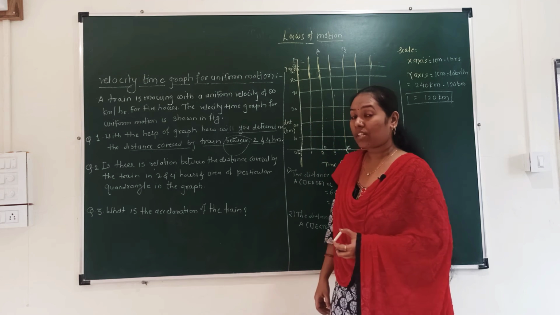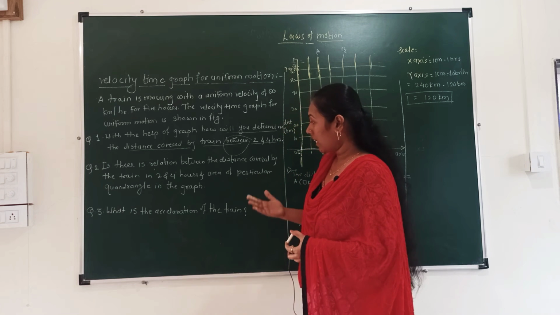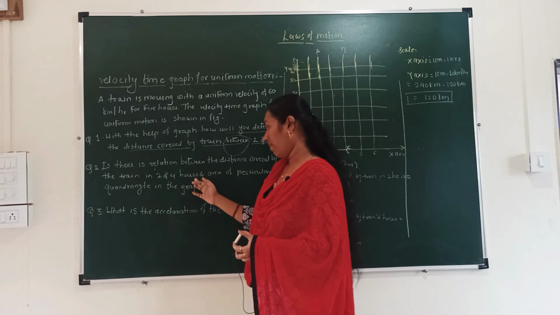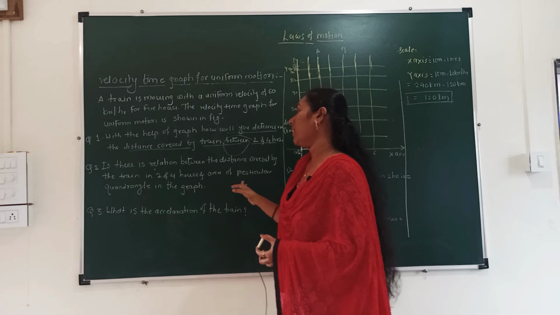What is question number 2? Question number 2 is: is there a relationship between the distance covered by the train in 2 and 4 hours and the area of a particular quadrangle in the graph?